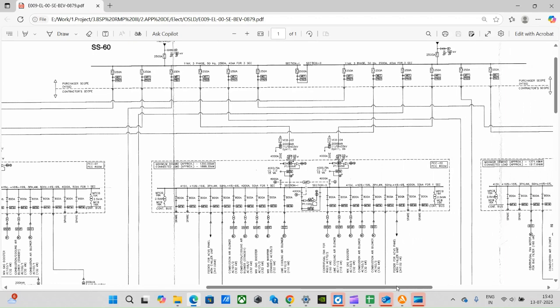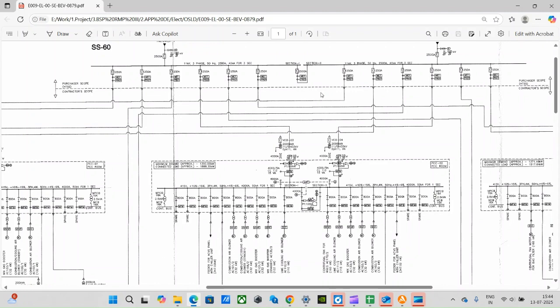If you count the number of feeders, one, 2, 3, 4, 5, 6, that is 6 on this side, and 1, 2, 3, 4, 5, 6, that is 6 on this side. So there are a total of 12 outgoing feeders, 2 incomers, and 1 bus coupler. Generally, this is the structure in any project, but there can be a lot of variations.